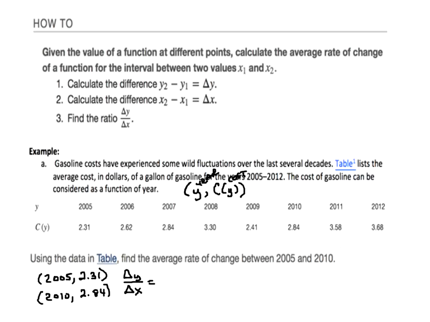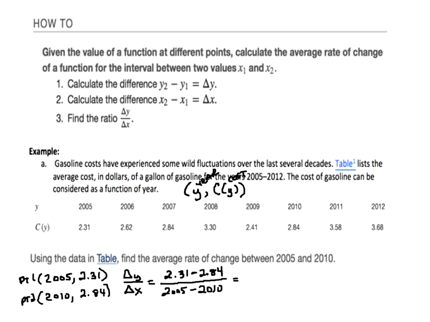So I'll call this point 1 and this one point 2. So I'll start by saying 2.31 minus 2.84, and that's going to give me the difference between those, and that's divided by 2005. I have to put 2005 first because I put 2.31 first in the numerator, minus 2010.